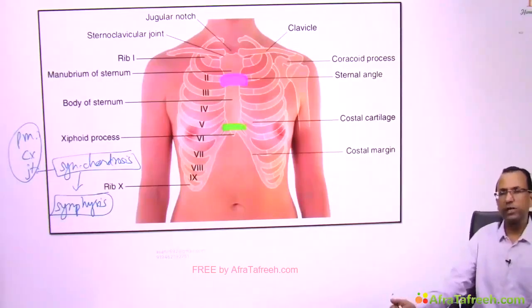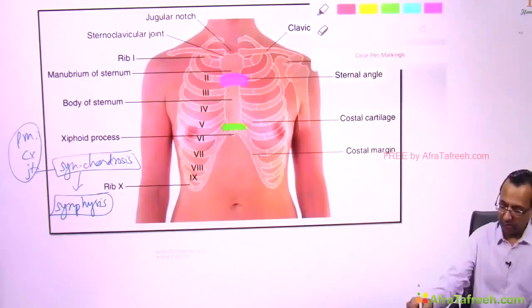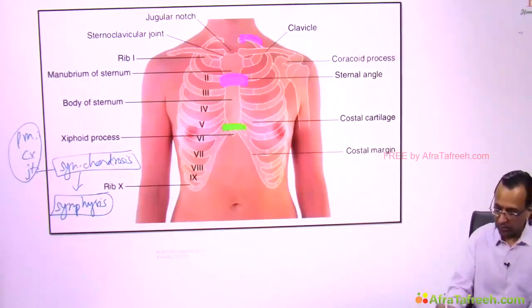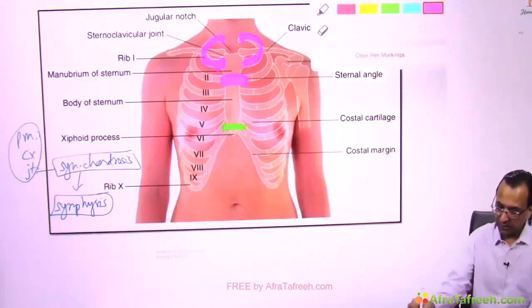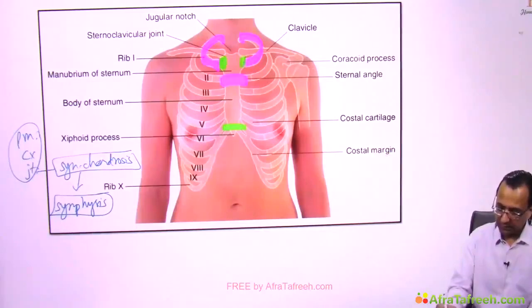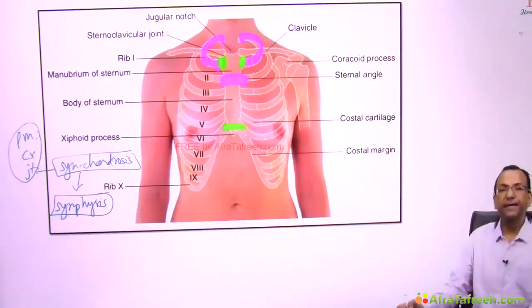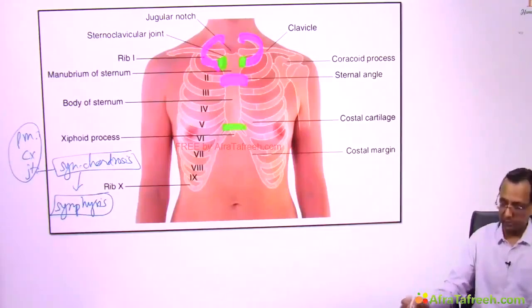Then what is the joint of rib number 1 with the sternum? Actually, when rib number 1 joins with the sternum, that joint is an atypical joint, but it is not synovial. So it is atypical and not synovial?